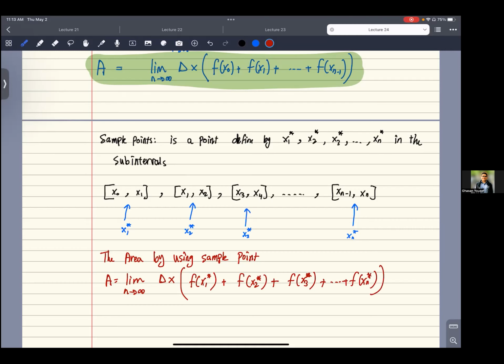Okay, makes sense? It depends on how you are going to find the area.